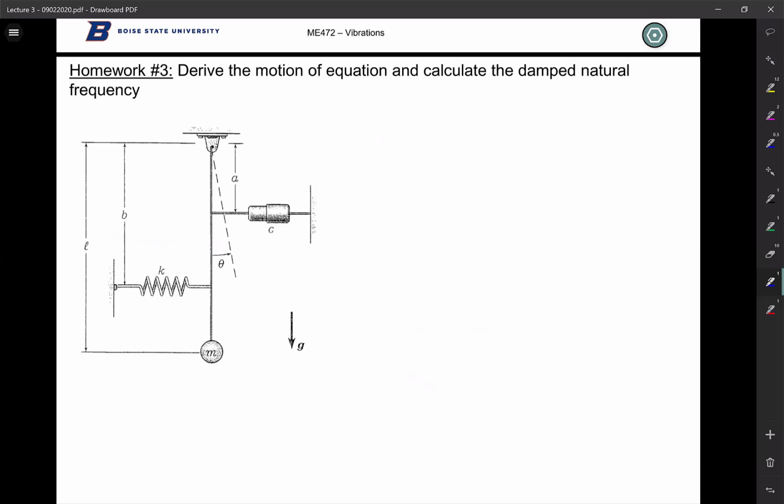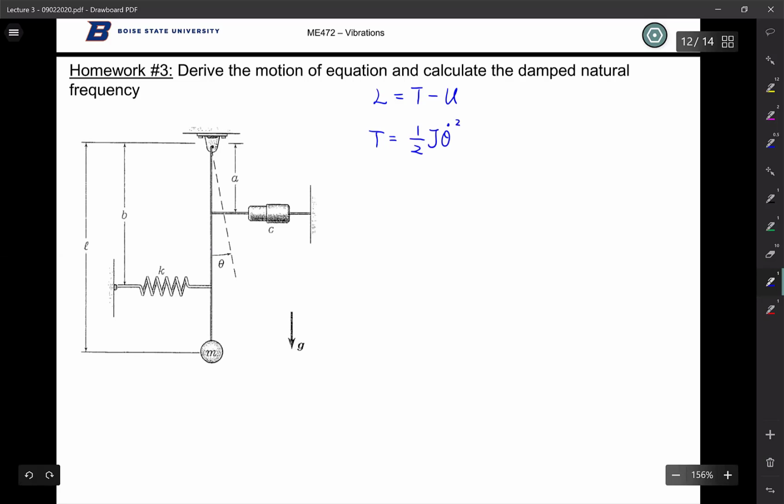All right. So let's look at these systems. We have a spring, a damper, and a mass. It's dangling around, so it's a rotational motion. We need to find what's on the left-hand side, right? The left-hand side is T minus U. T is the kinetic energy, in this case a rotation.